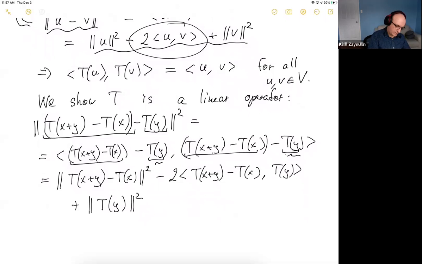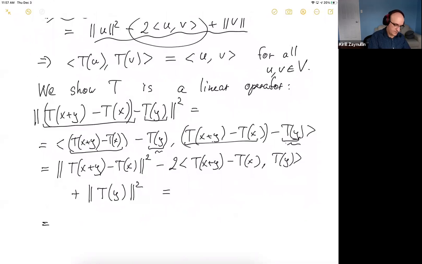And now we can substitute, because, for instance, we know that this T is a rigid motion, right? So instead of this, we can remove T from this expression and from this expression. So we just get the square of the length of x plus y minus x, minus.